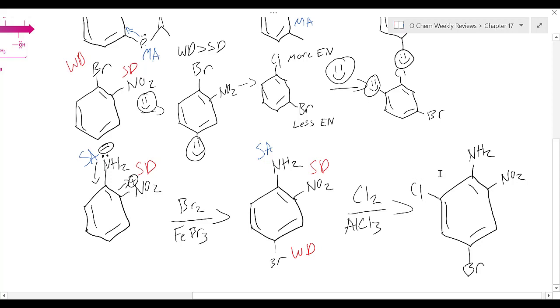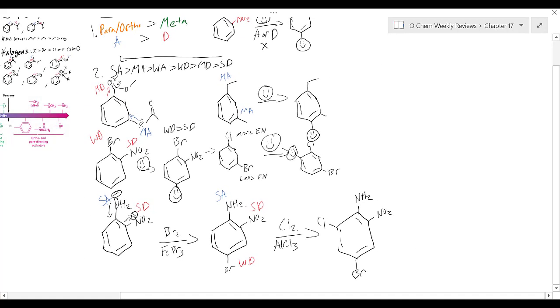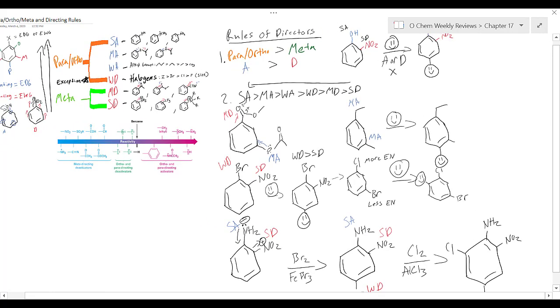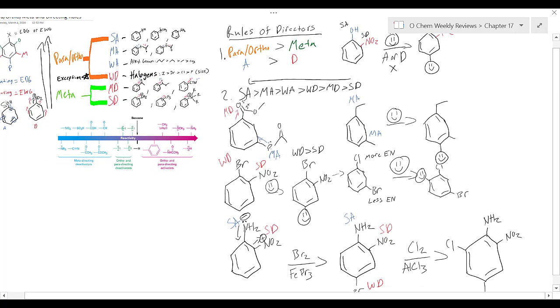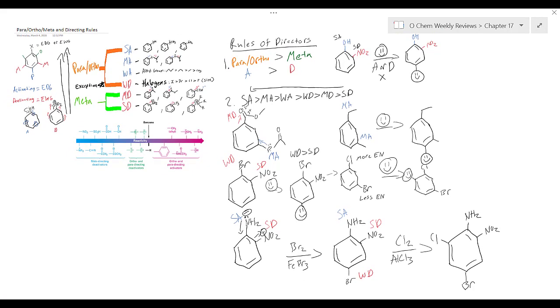Alright, so hopefully those 4 or 5 examples gave you an idea on where to put it. In this chapter, order definitely matters, and knowing whether something is activating or deactivating, and knowing the 2 rules for directors, is crucial to getting your substituents in the right spot.